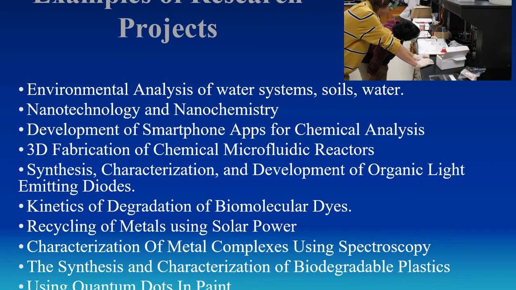And there have also been projects that have carried on different times at different years involving, as an example, the recycling of metals using electricity. And a project a few years ago was trying to integrate a solar panel with the recycling of metals as a way to get metals out of wastewater solutions. So overall, there's many kinds of projects you can do within the chemical analysis lab.